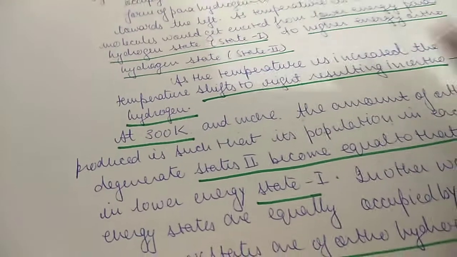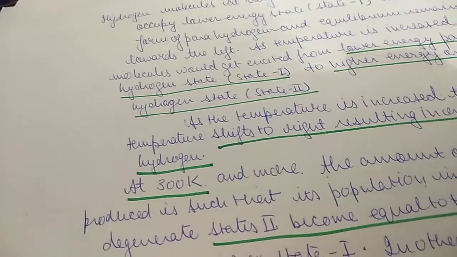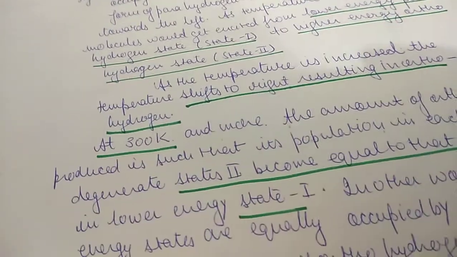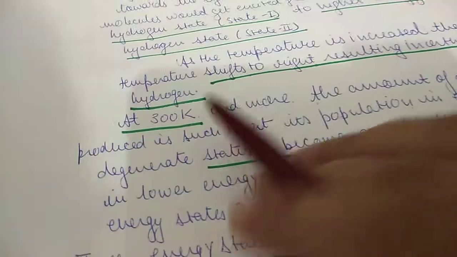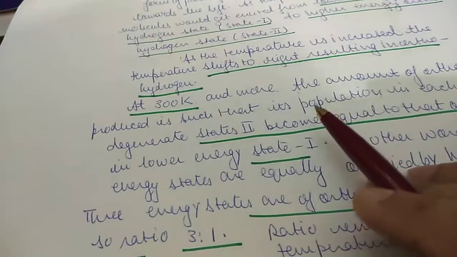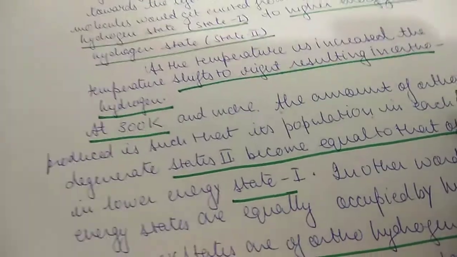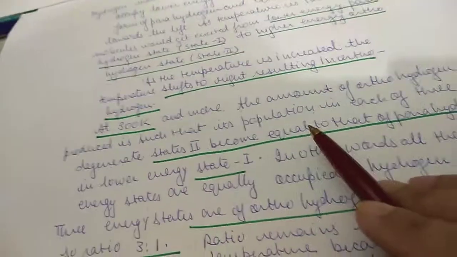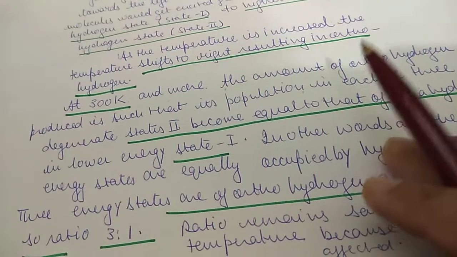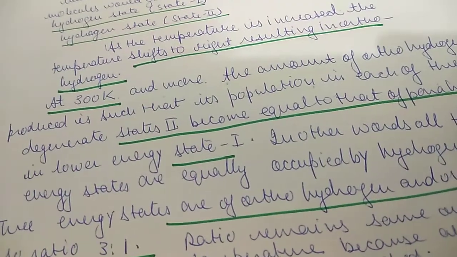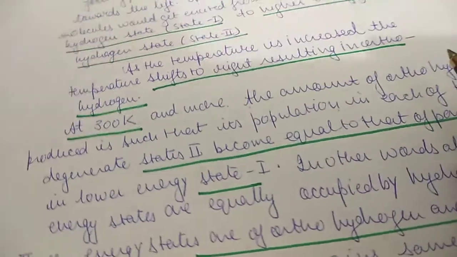And why does this happen? What is the reason that orthohydrogen is in abundance at higher temperature than at lower temperature? At 300 kelvins, that is 27 degrees Celsius, more orthohydrogen is produced, and most of the amount is orthohydrogen. So what happens?